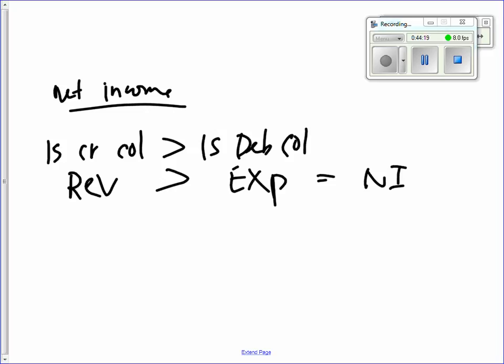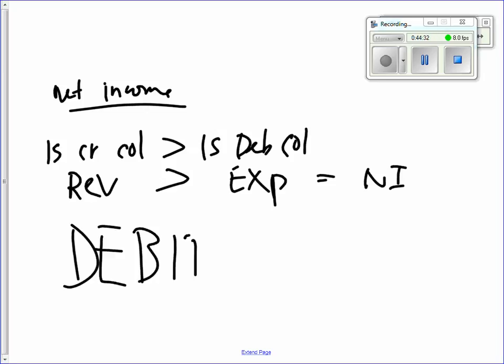When your income statement credit column is larger than your income statement debit column, you have to get these two to equal. So you would use a debit. I want you to just write debit here to get your income statement to equal. You'll see it in a minute, okay? You're going to use a debit to get the two to equal. Okay.